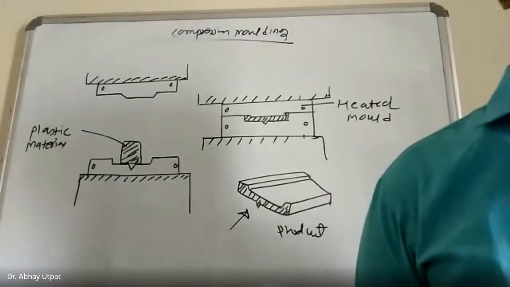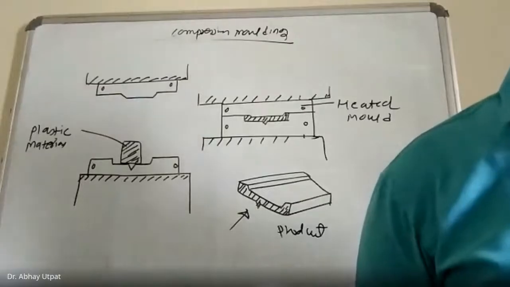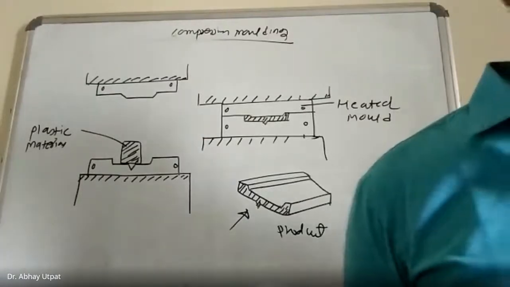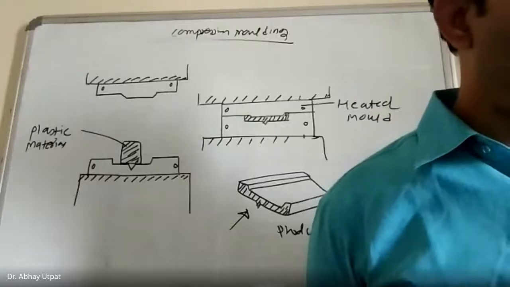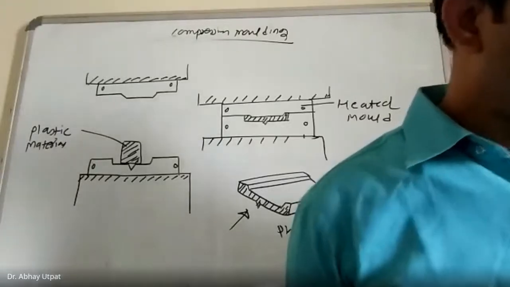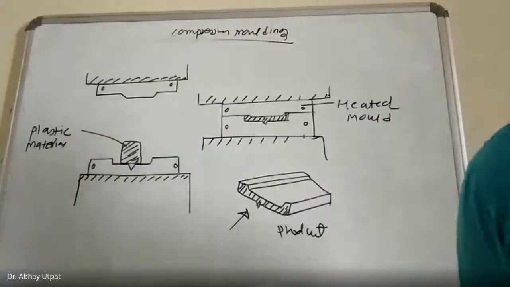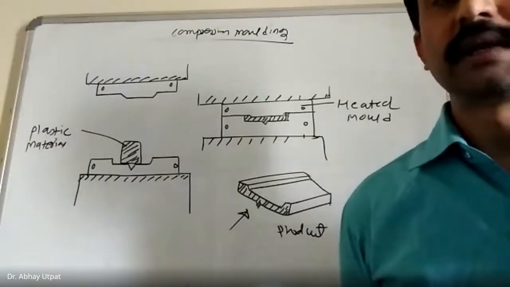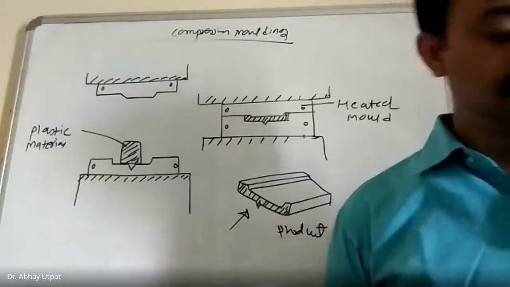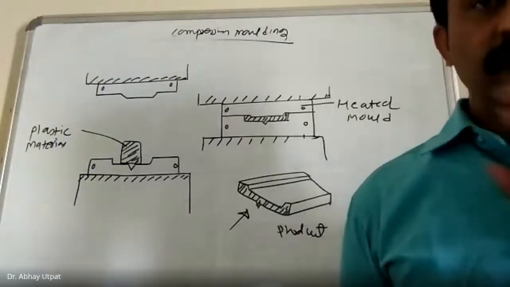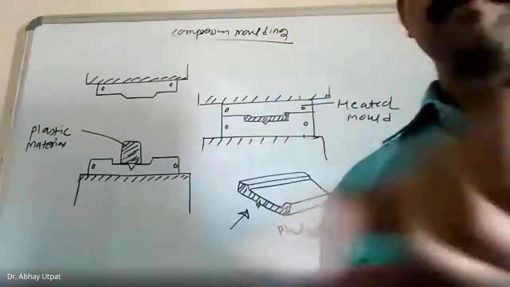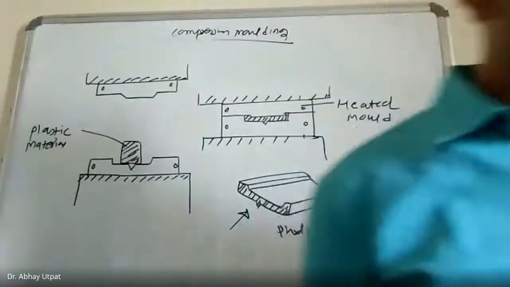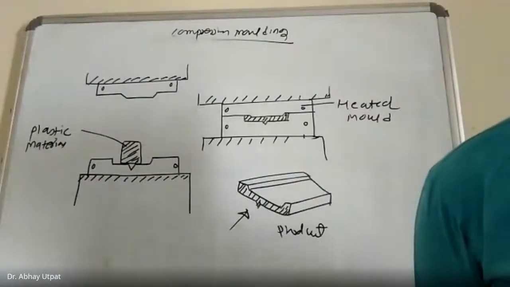Full stop. It is widely used for thermosets like phenol formaldehyde, in bracket Bakelite.